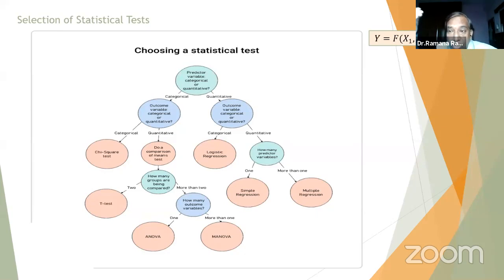So this is one level of complexity. But quite often nowadays, it is not that simple.